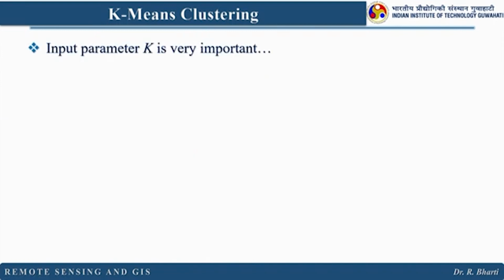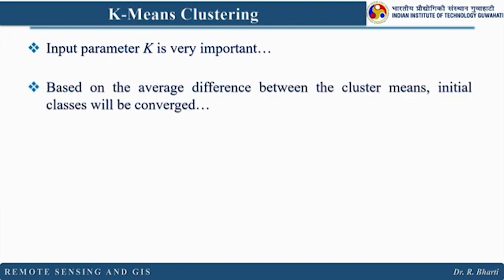Input parameter k is very important in this method, right. Based on the average difference between the cluster means, the initial classes will converge. As I told you, if you have given k equal to 5, the system may start with 100, but how does it go from 100 to 5?